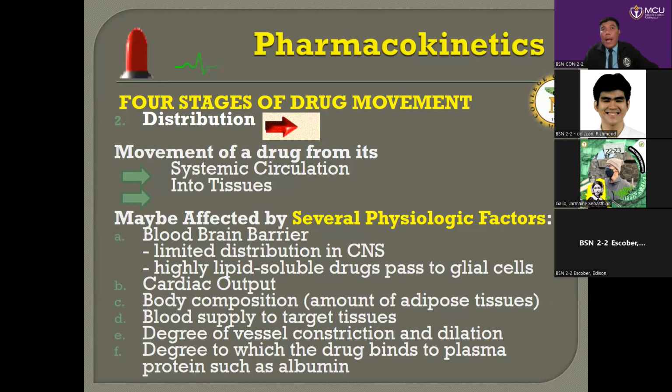Now, what if the patient is anemic? Obviously, there is a problem with the volume of blood. If the volume of blood is insufficient, it may also cause delay in distribution, because the blood may not be sufficient to facilitate the peak concentration level needed to meet the desired effect of the drug.